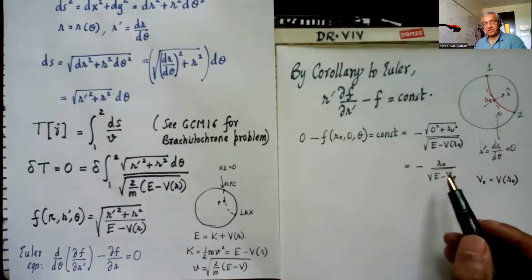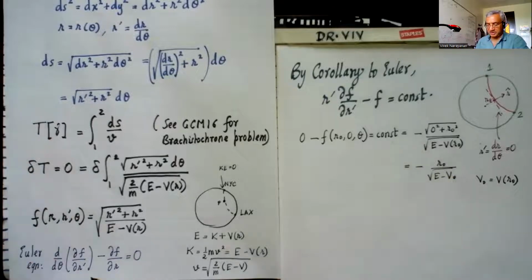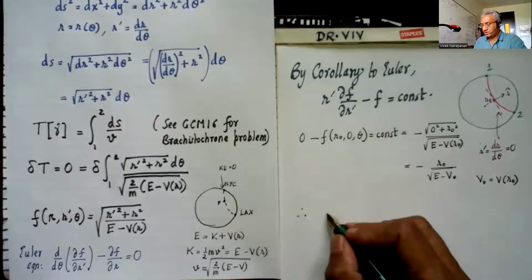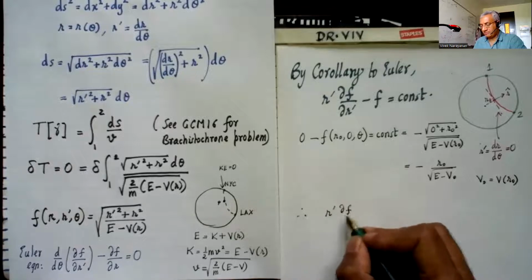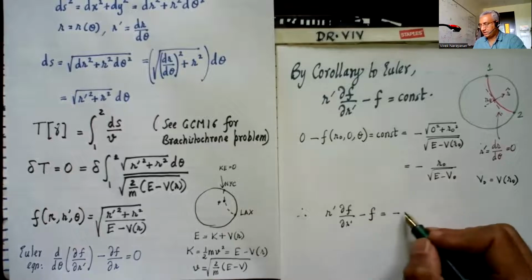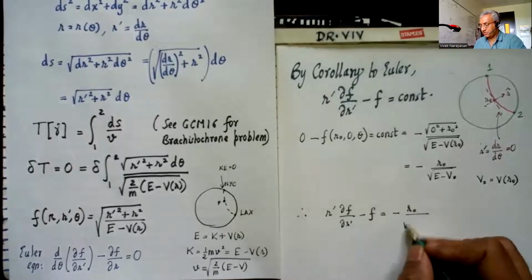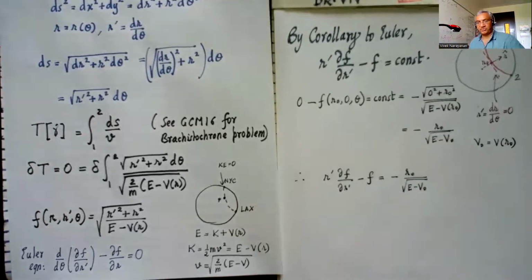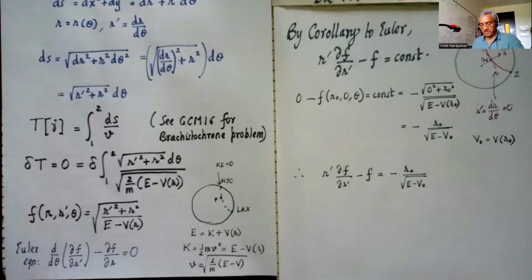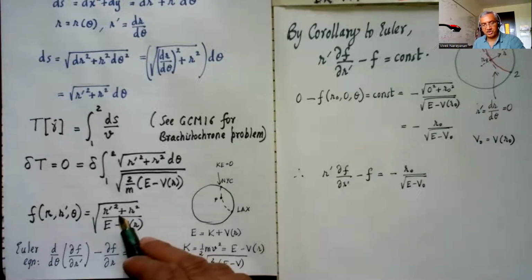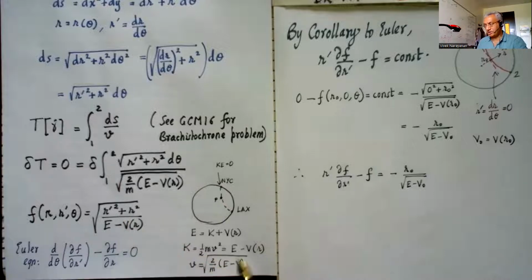Now we have determined the constant, and we can go back and look at the Euler equation, which is this again. Therefore, r prime del f by del r prime minus f is equal to negative r naught over the square root of E minus V naught. Now it's time for us to solve. The rate of change of f with respect to r prime: the numerator is the only thing that depends on r prime, the denominator does not, so I'm going to leave the denominator alone.